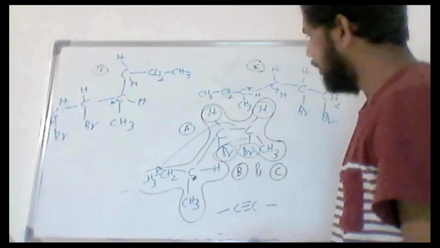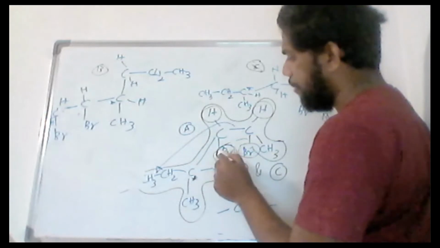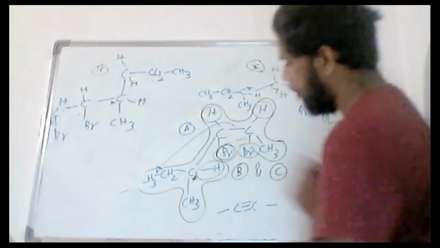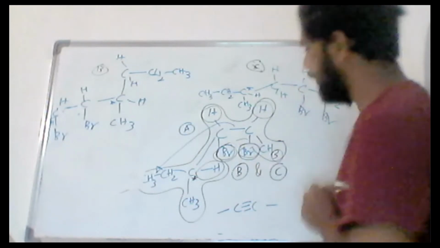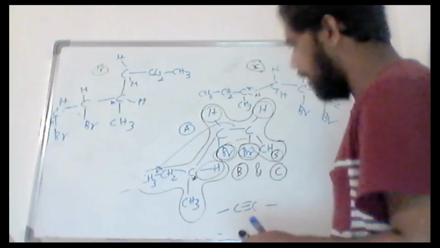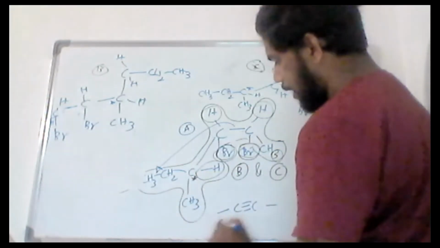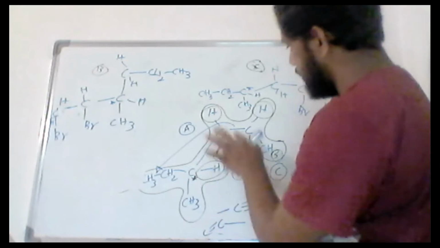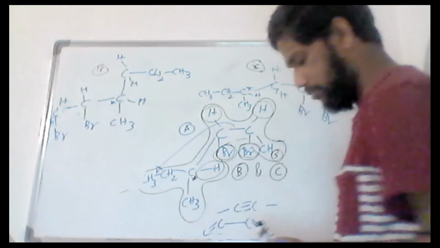Or either it can remove Br from this carbon and hydrogen from this carbon, and one Br from this carbon and one hydrogen from the adjacent carbon. So which makes us the bridge, like this carbon and this carbon will have a double bond, and there is a single carbon, and this carbon and this carbon will have a double bond.